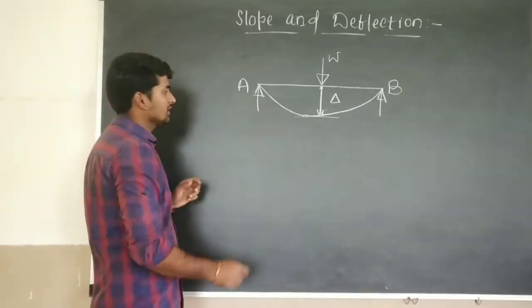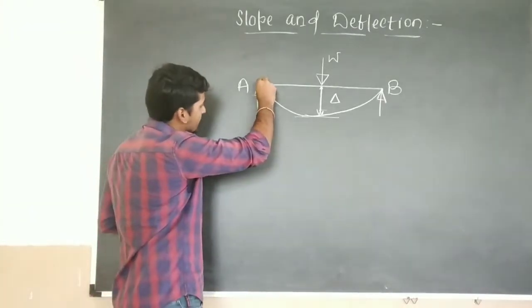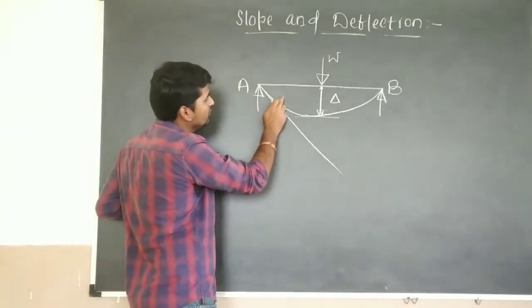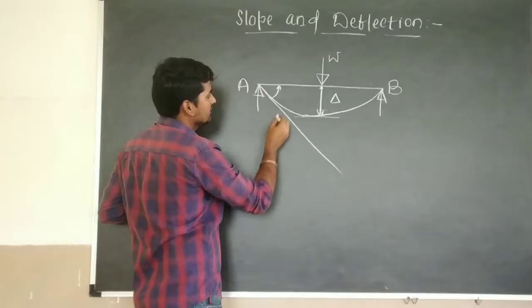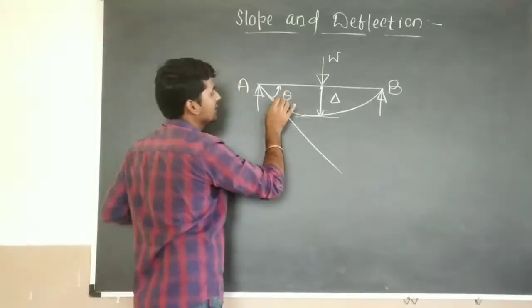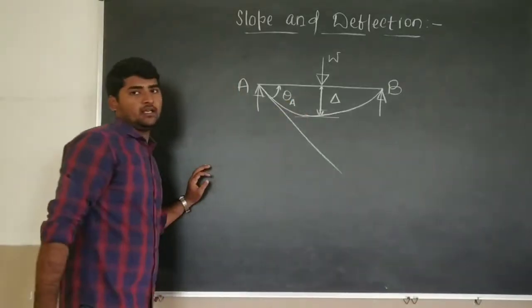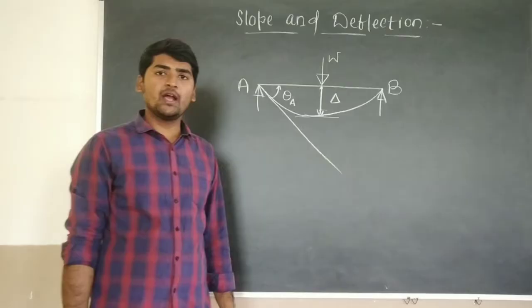By definition, the slope at point A is the angle made by the tangent drawn to the deflected shape with the actual position of the beam. This angle is the slope, denoted by theta, and it is represented as theta A.